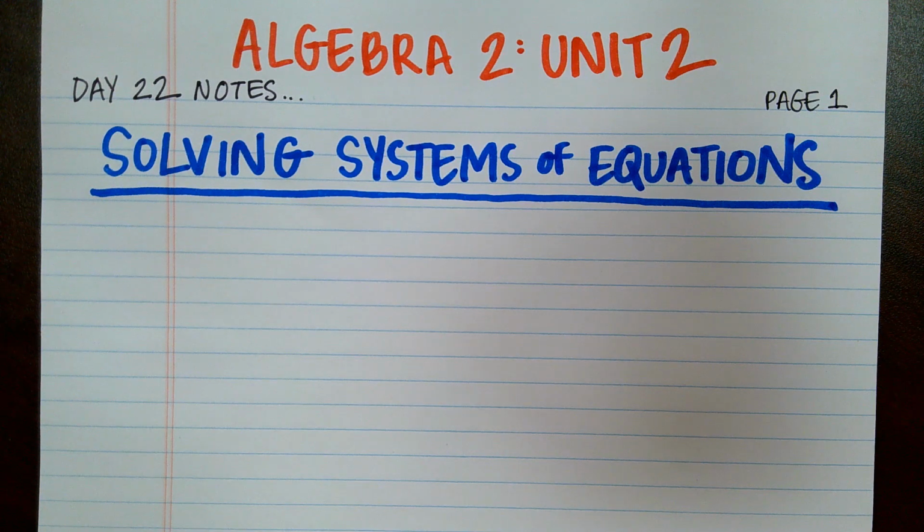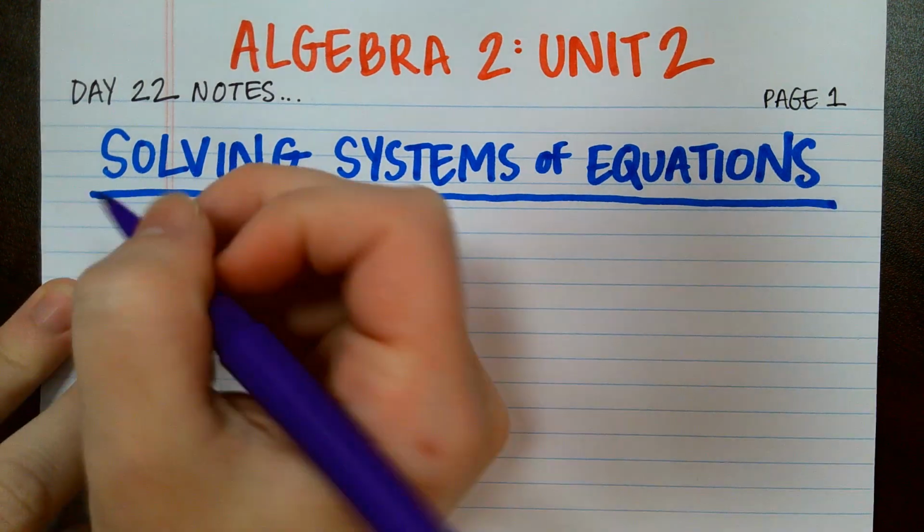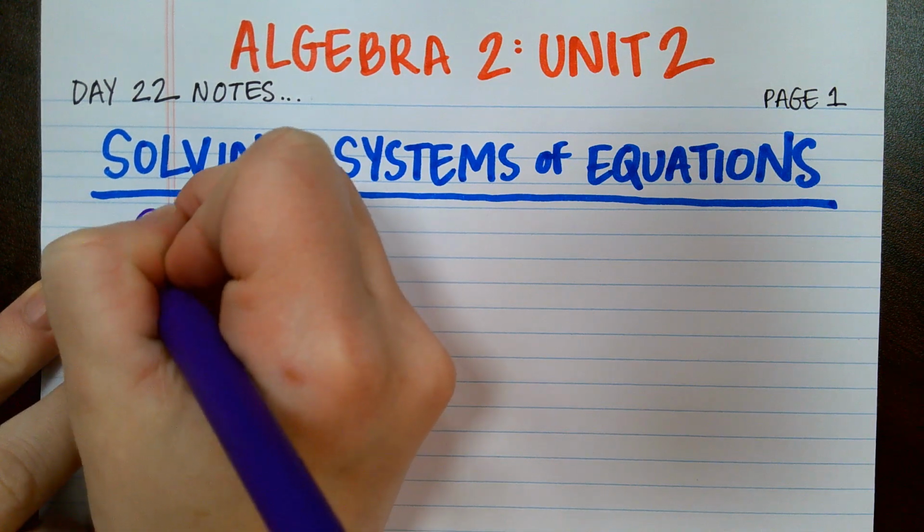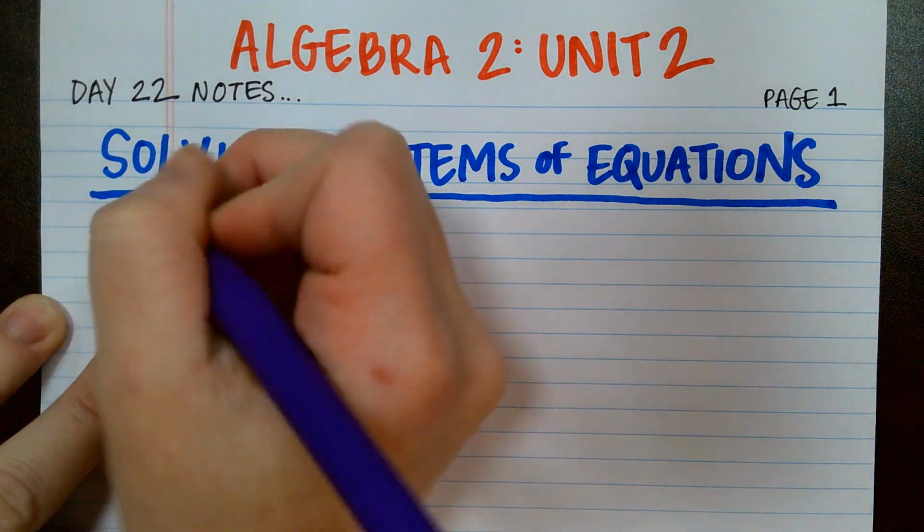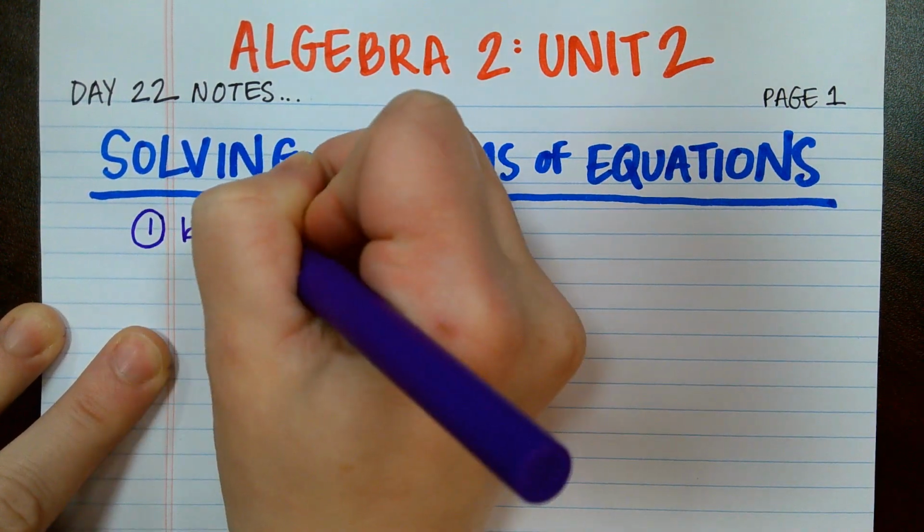So we have learned one way to solve a system of equations. We learned how to do it by graphing and seeing where the lines intersect or cross. So let's write that as our first method, by graphing.